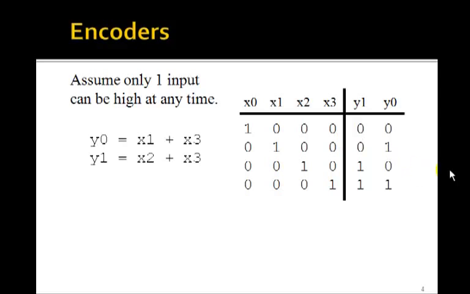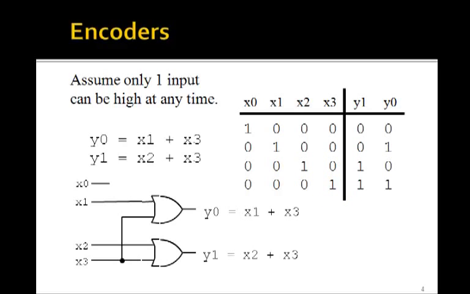Similarly, y1 is 1 if x2 is 1 or if x3 is 1. So this entire encoder just reduces to these two OR gates. y1 is just x2 or x3, y0 is just x1 or x3.